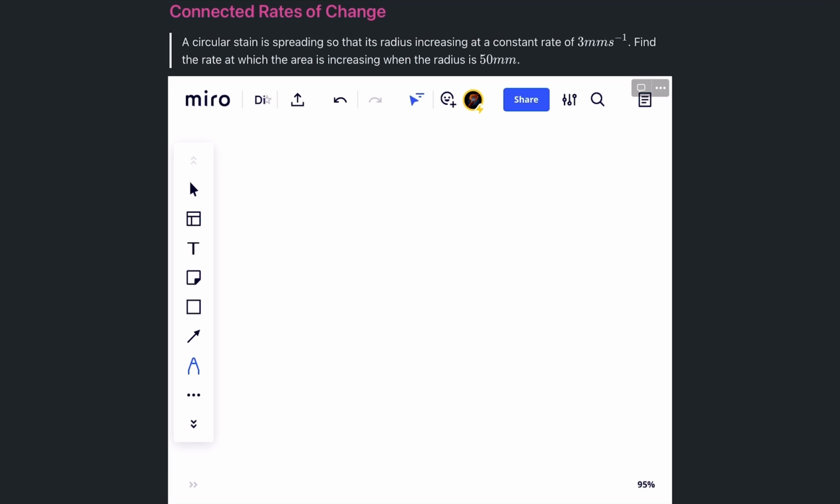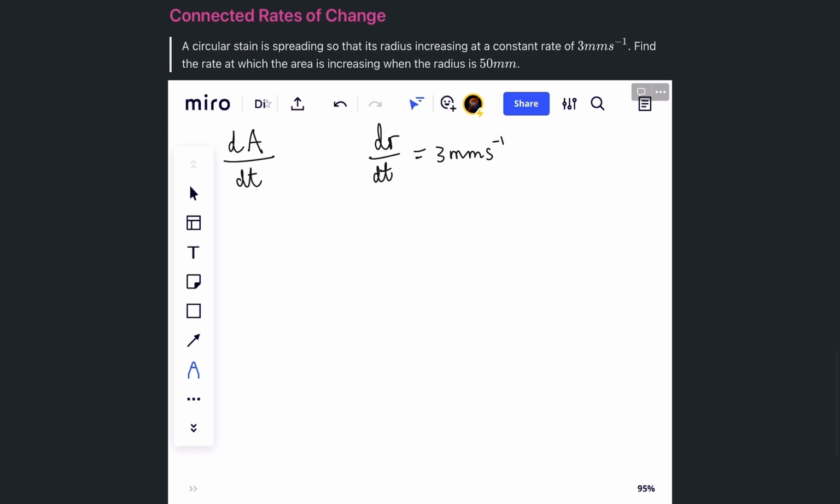Basically, we're looking at the rate at which the area is increasing with time, so we're trying to find dA over dt. But they gave us dr over dt, which is 3 millimeters per second, and we know that the original value of r is 50.